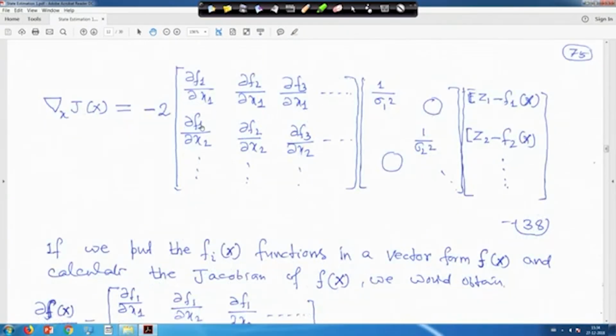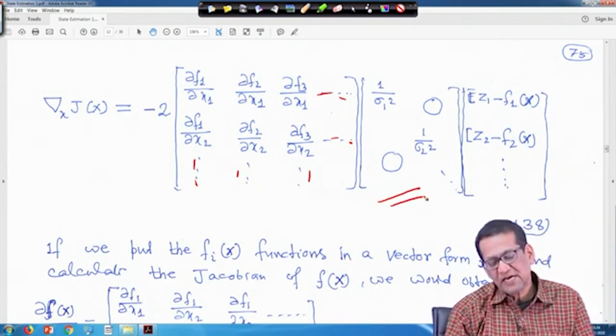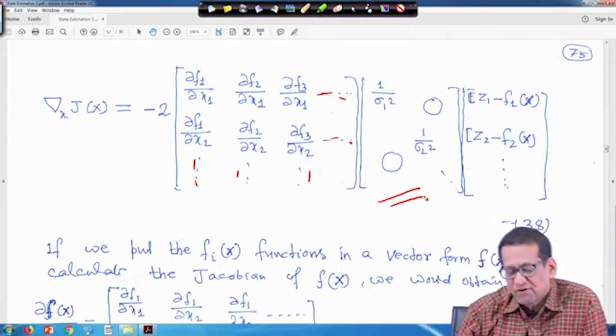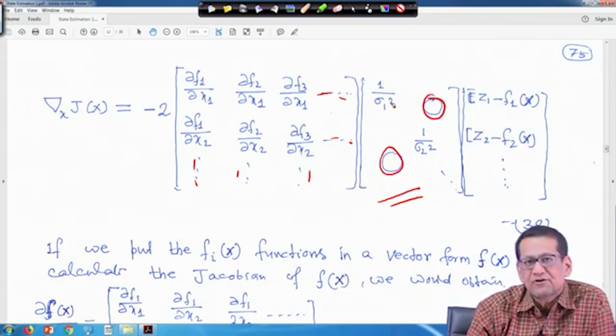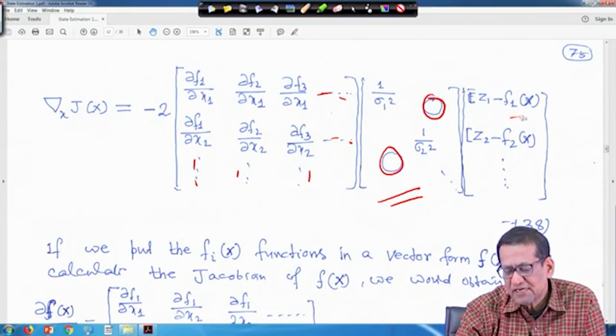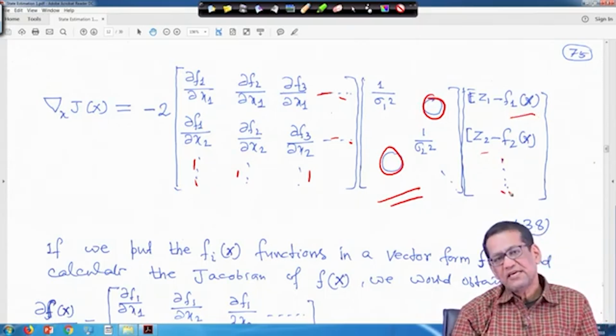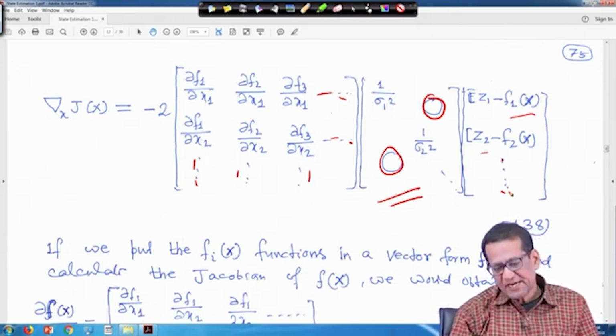Then delta f 1 upon delta x 2, delta f 2 upon delta x 2, delta f 3 upon delta x 2 and so on; it continues. Then this term automatically comes: a diagonal matrix of 1 upon sigma 1 square, 1 upon sigma 2 square, continuing, with all other elements 0, into z 1 minus f 1 of x, z 2 minus f 2 of x, and so on, because you have nm measurements.